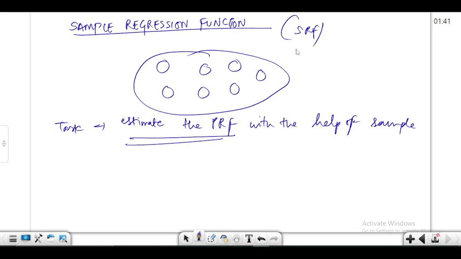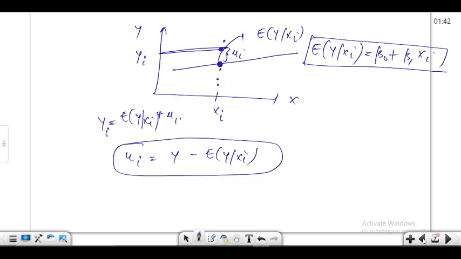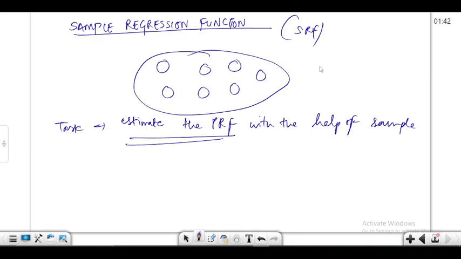But the only problem is that we draw multiple samples from the same population and try to fit the sample regression line. Just like we had the population regression line, we have the sample regression line.